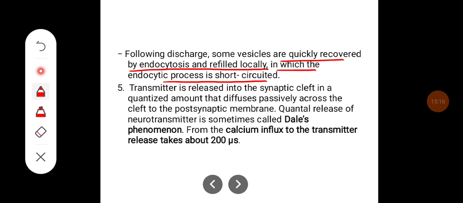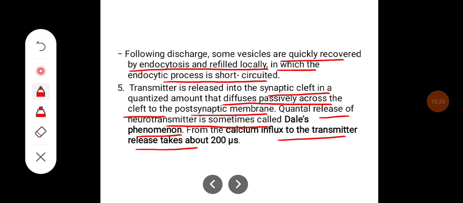The transmitter is released into the synaptic cleft in a quantized amount that diffuses passively across the cleft to the postsynaptic membrane. The quantal release of neurotransmitter is sometimes called Dale's phenomenon. From the calcium influx to the neurotransmitter release, it takes about 200 microseconds.